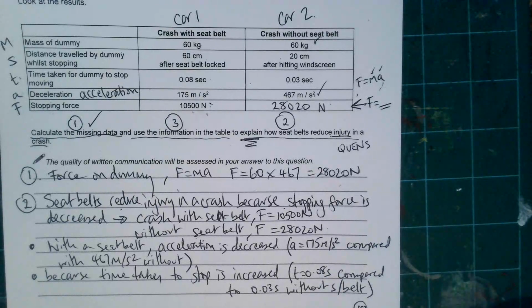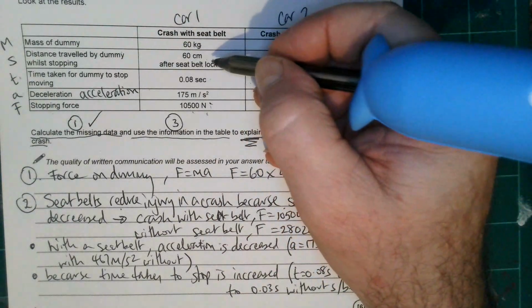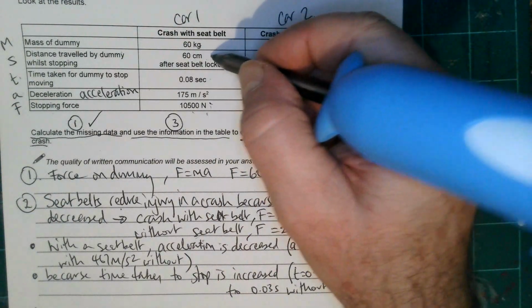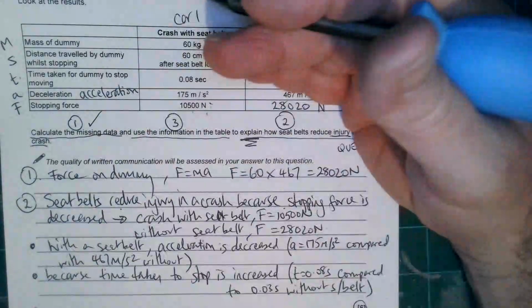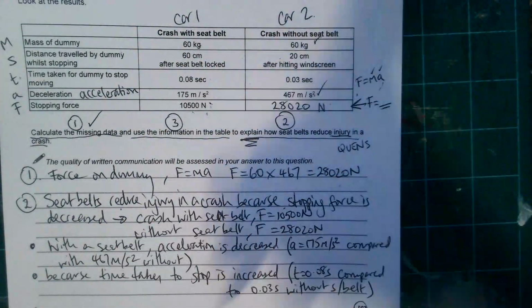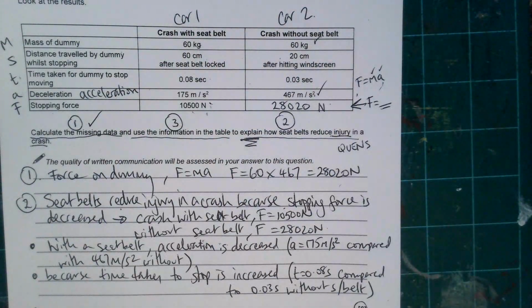I could go on if I wanted to. I could add distance travelled whilst stopping is much increased. If we're slowing down over a larger distance, that's going to reduce my acceleration, and it's going to reduce the force on the driver.